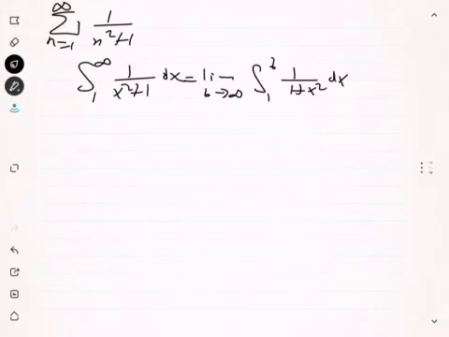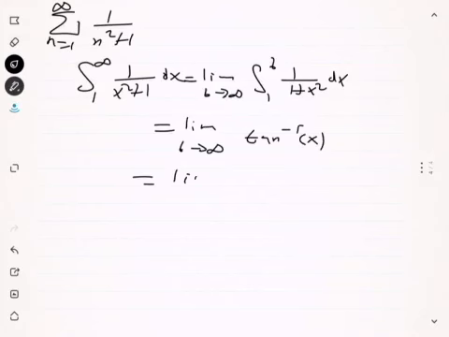Alright, I'm going to do one more example of a series where we use the integral test. This series is not a p series. 1 divided by n squared plus 1 is not a p series, but this series also converges by the integral test, because the integral from 1 to infinity of 1 over x squared plus 1 dx is the limit as b approaches infinity of the integral from 1 to b of 1 over 1 plus x squared, which equals the limit as b approaches infinity of tangent inverse of x.